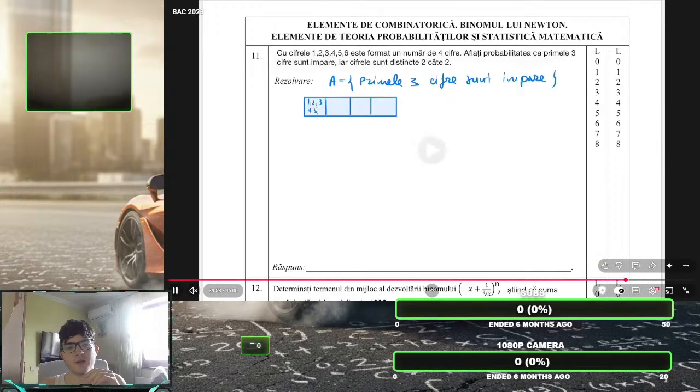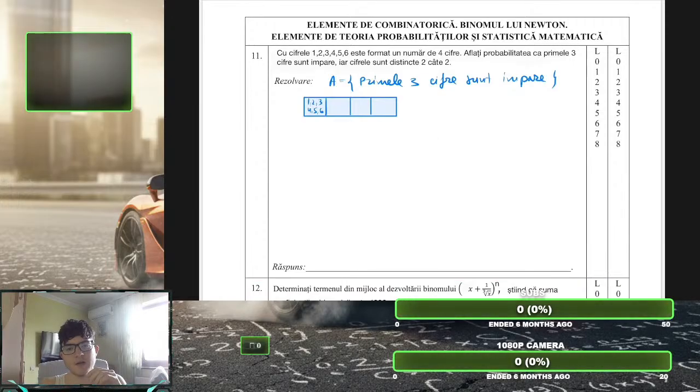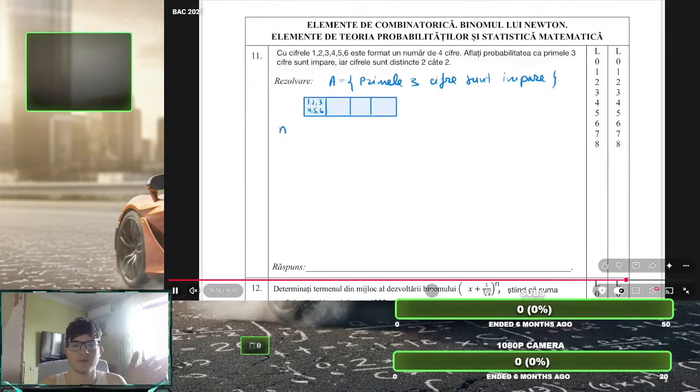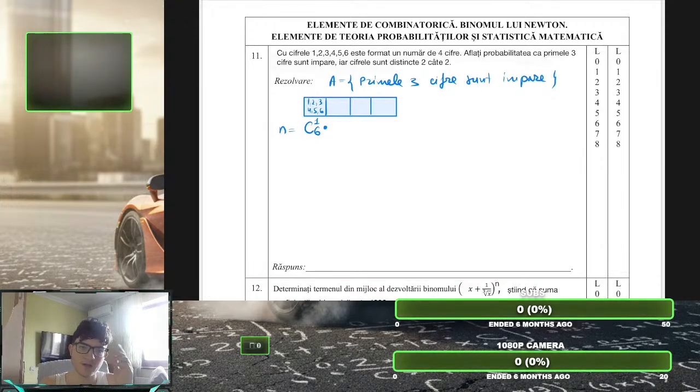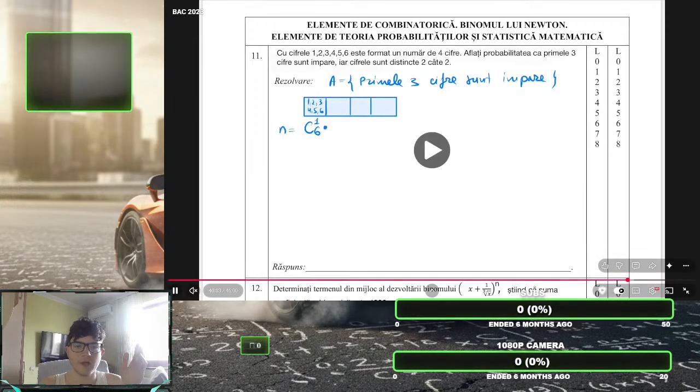So firstly it can be 1, 2, 3, 4, 5, 6. The second one, it can be also that, but without 1. So it's actually 4 exclamation mark, right? Or is it? Out of 6 you take 1. Okay.